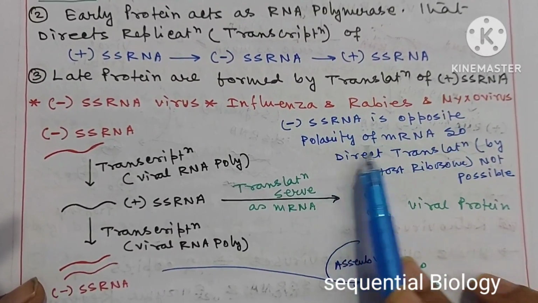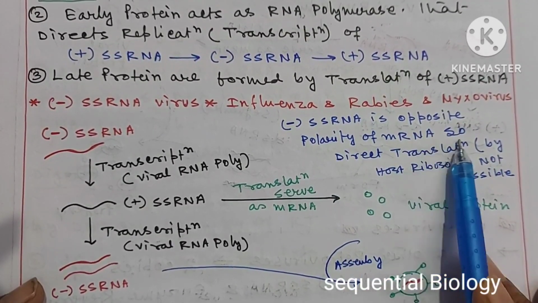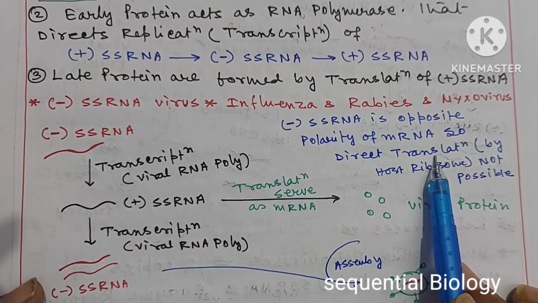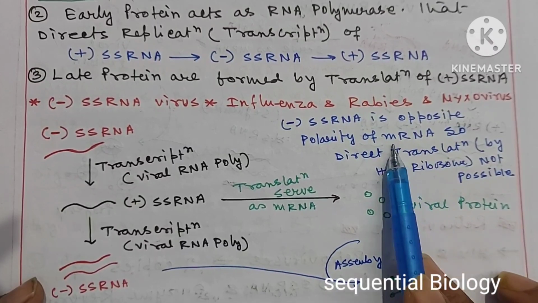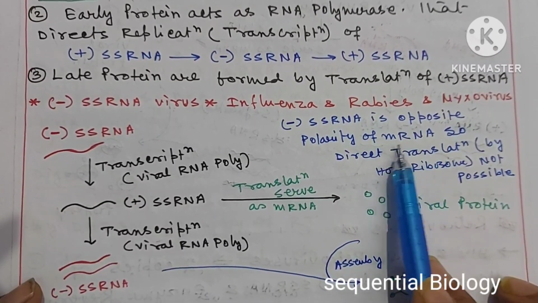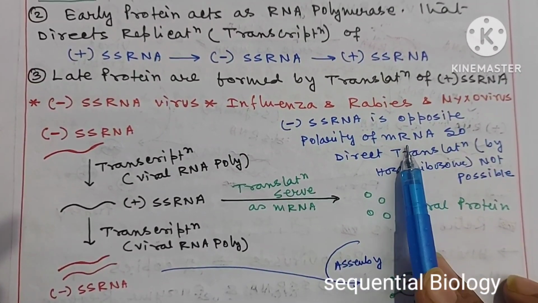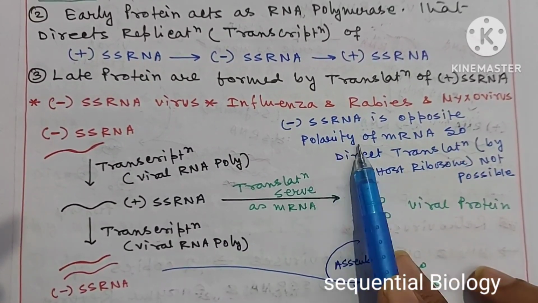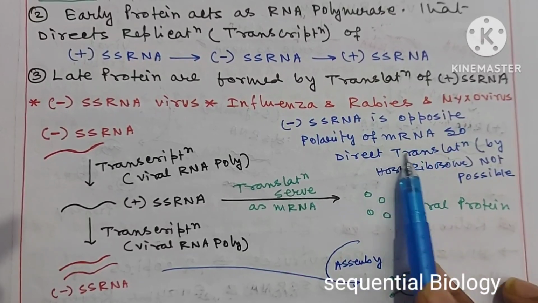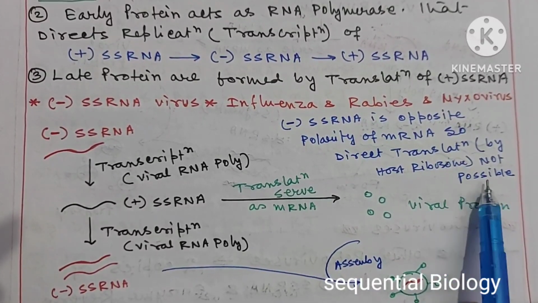Minus ssRNA has the opposite polarity of the mRNA, so direct translation is not possible. Actually mRNA is directly involved in translation, but minus ssRNA has the opposite polarity, so it is not directly involved in translation.